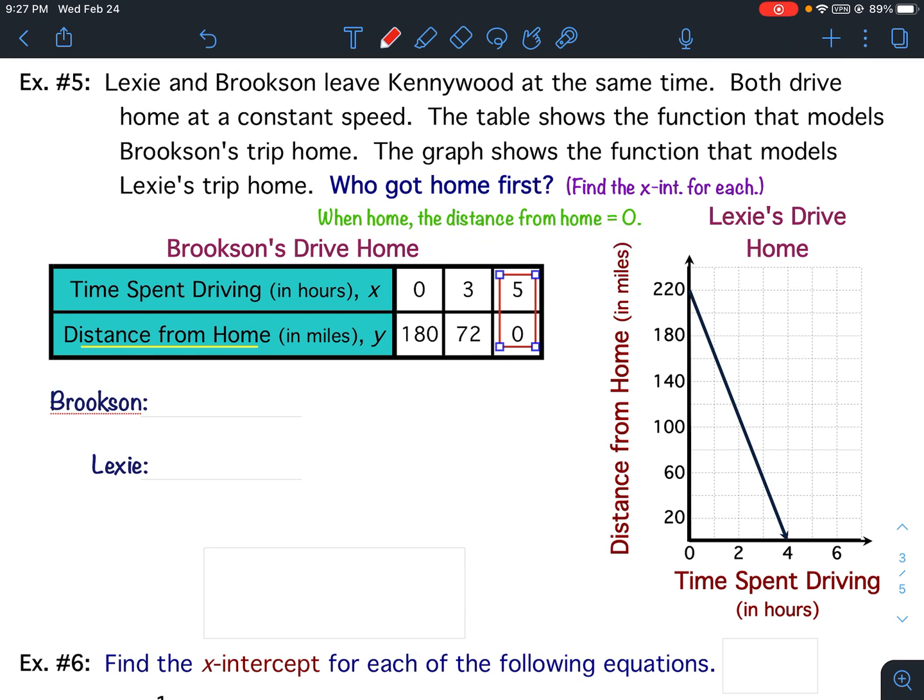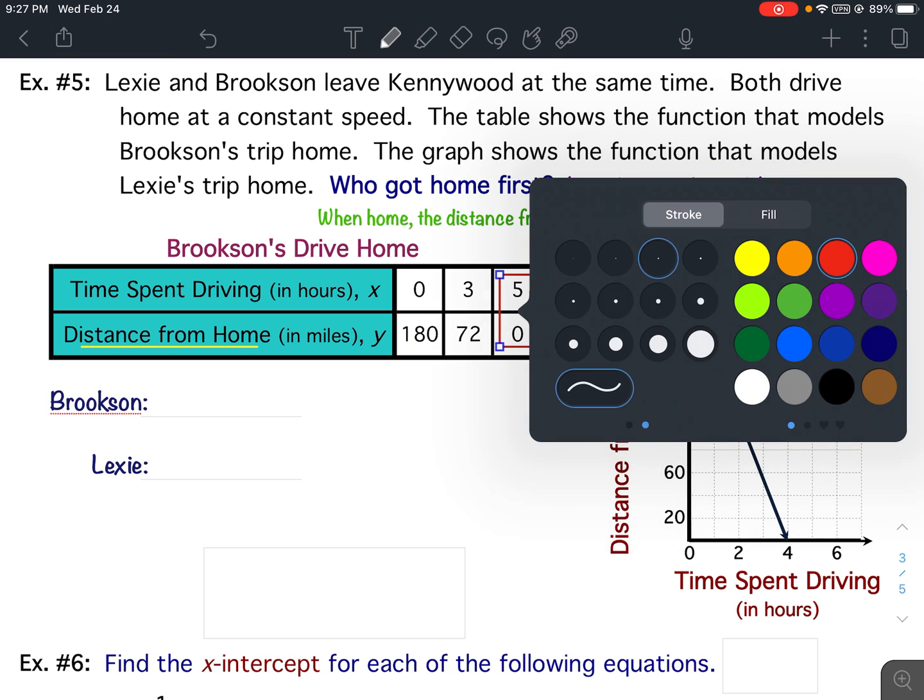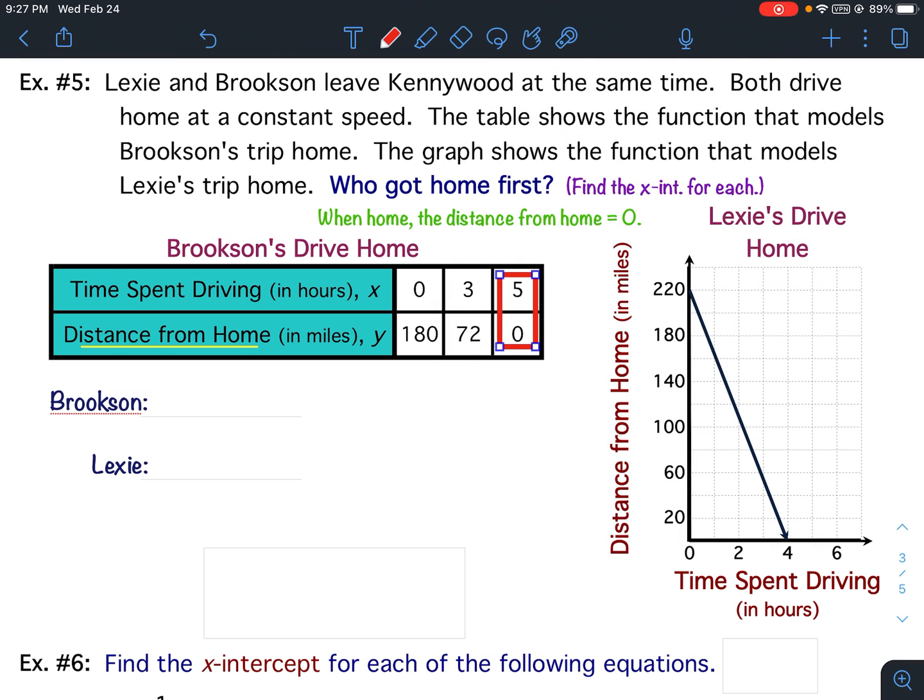You do the same thing. There's no work involved for Brookson. How long did it take Brookson to get home? Well, right there. It took him 5 hours.